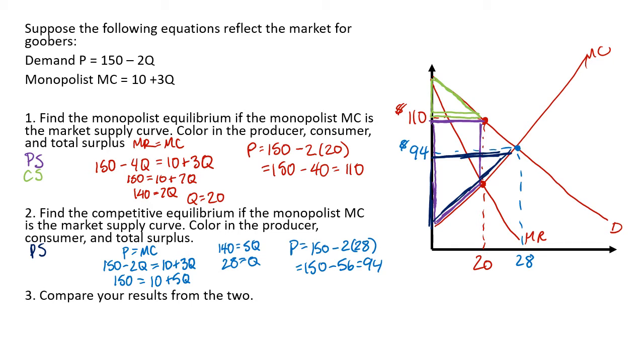And then consumer surplus is the amount people pay, so it's that triangle up there. And then total is those two together. So if we're comparing, our producer surplus is higher. Well, actually, I take that back.